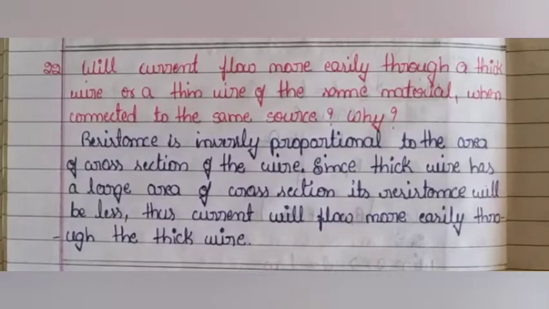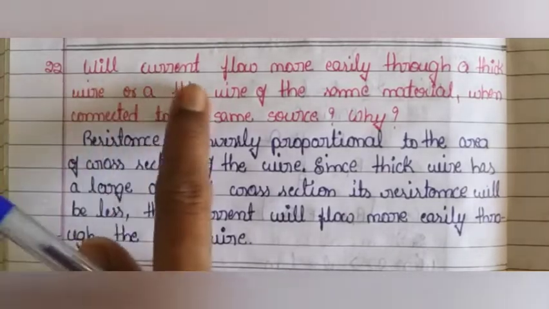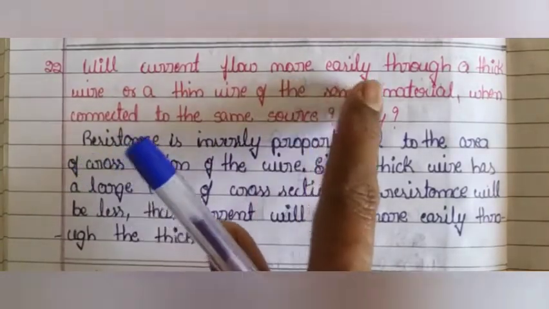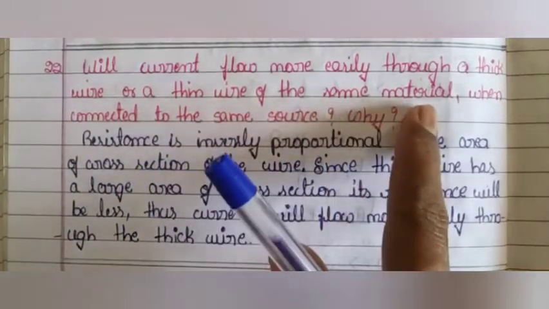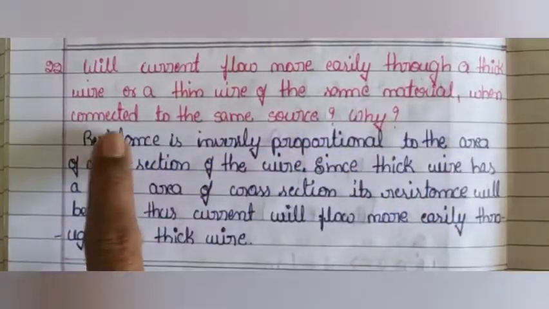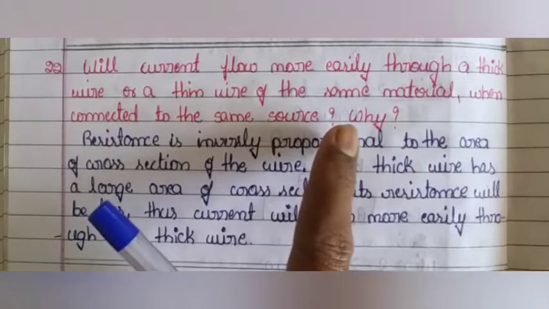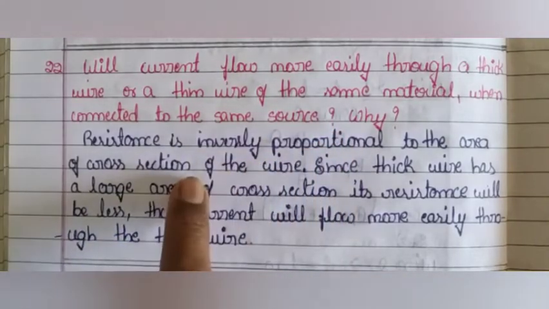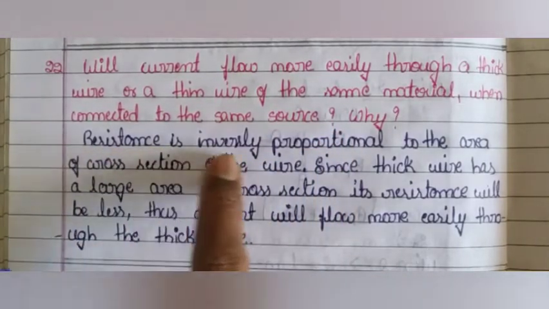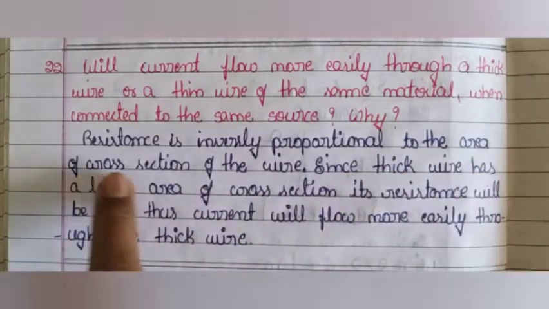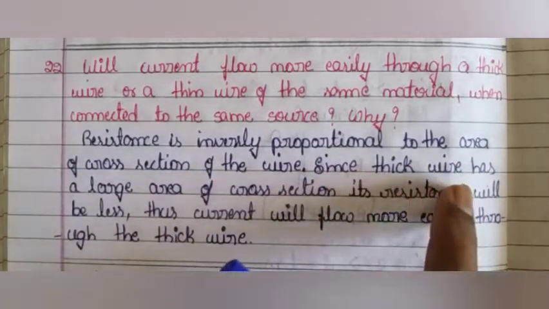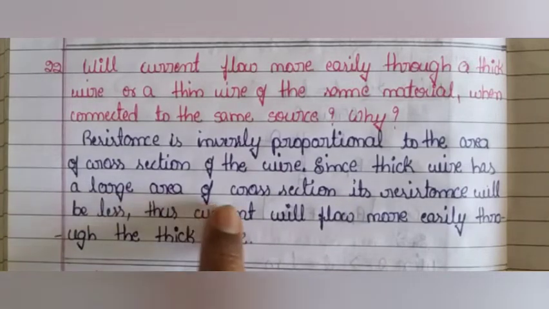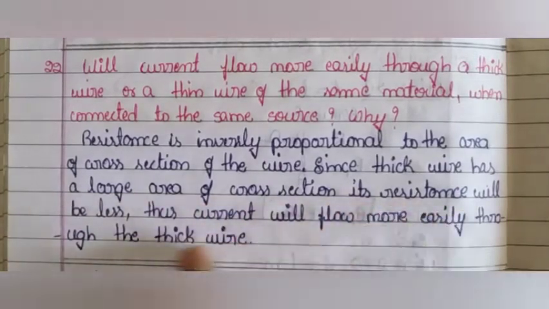The second in-text question is, will current flow more easily through a thick wire or a thin wire of the same material when connected to the same source? Why? Children, the resistance is inversely proportional to the area of cross section of the wire, you know. Since a thick wire has a large area of cross section, its resistance will be less.